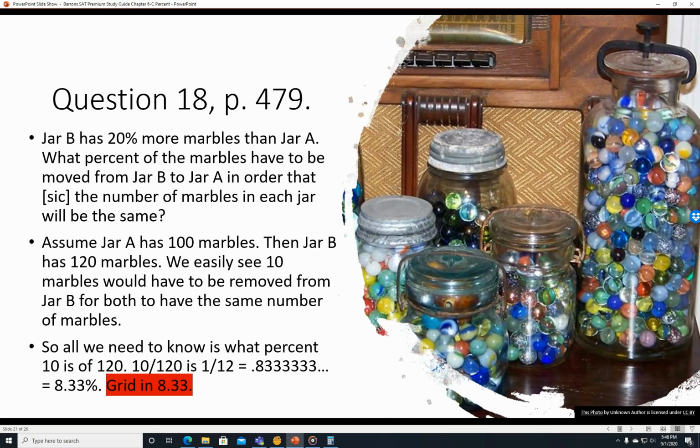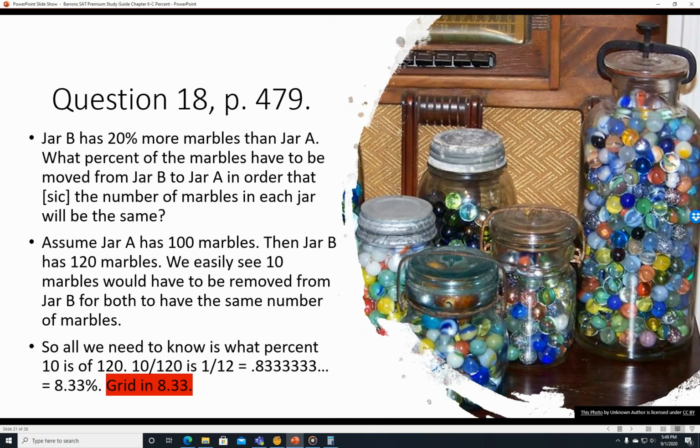So let's assume that jar A has 100 marbles. You could even draw a little drawing if you want of a little jar and 2 little jars. And so if jar A has 100 marbles, then jar B must have 120 marbles, 20% of 100. Hey, it's almost like I picked a really easy to use number, like 100 with a percentage. So we can easily see that 10 marbles would have to be removed from jar B for them to both have the same number of marbles.